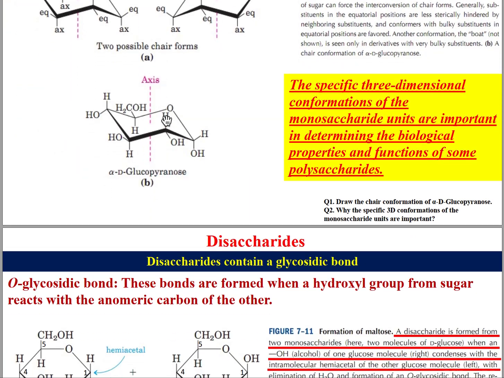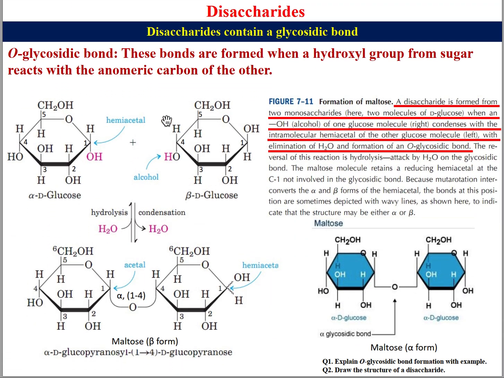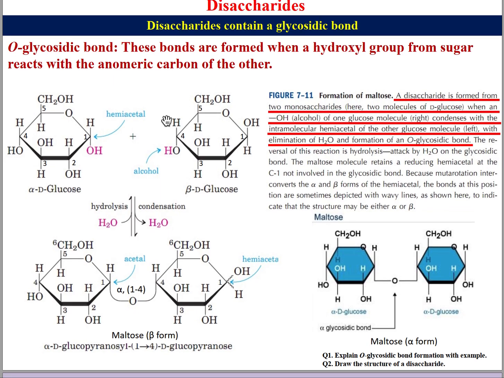Let's study the formation of the disaccharide bond. A disaccharide contains a glycosidic bond. To define glycosidic bonds: when the hydroxyl group of one sugar reacts with the hydroxyl group of the anomeric carbon of another sugar, it releases one molecule of water and makes a bond.